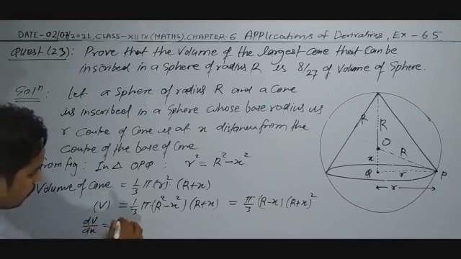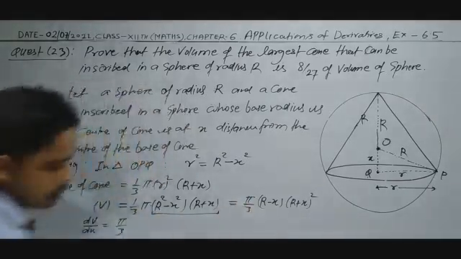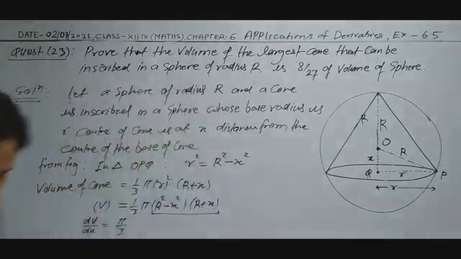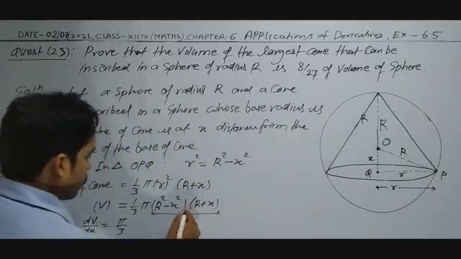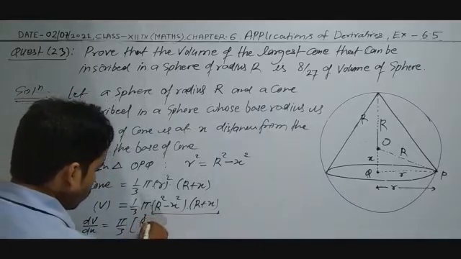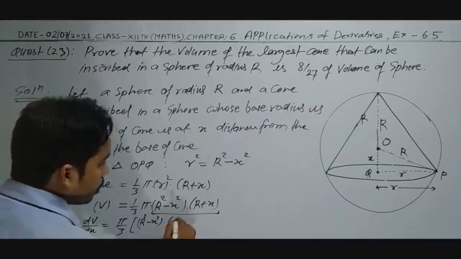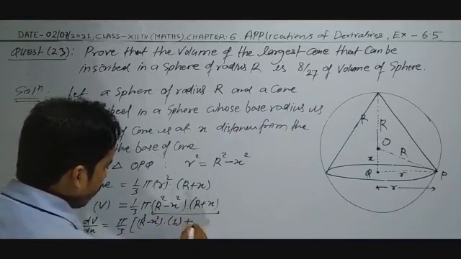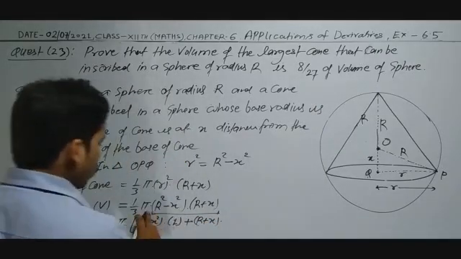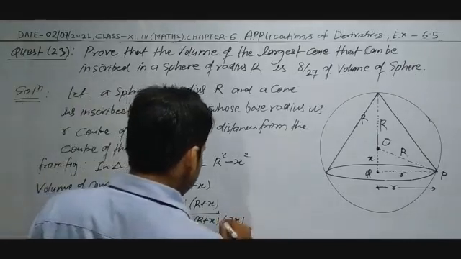So dV by dx can be written as pi by 3 and d by dx of this part. This function we have to differentiate. First function into differentiation of second function, which will be 1, plus second function into differentiation of first function, which will be R square zero and minus 2x.